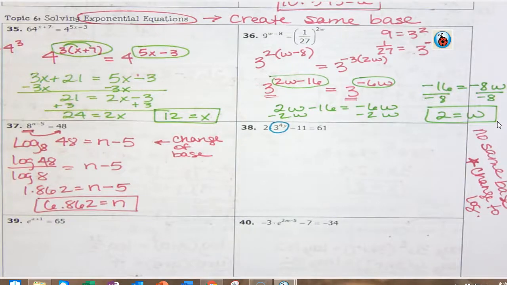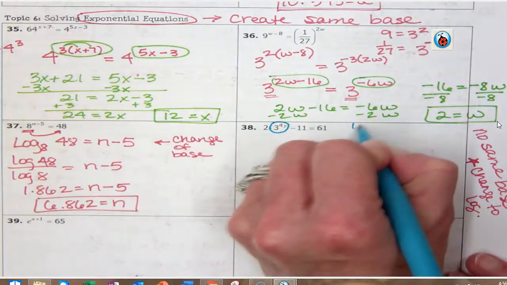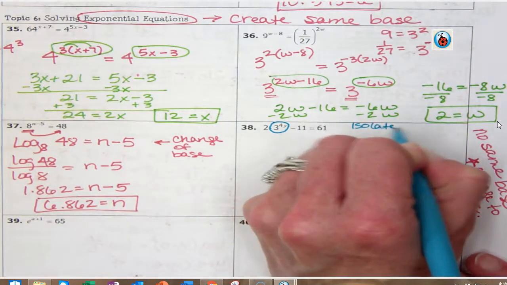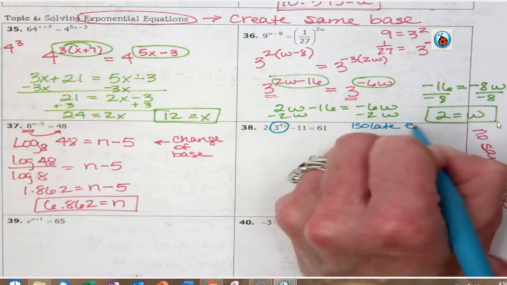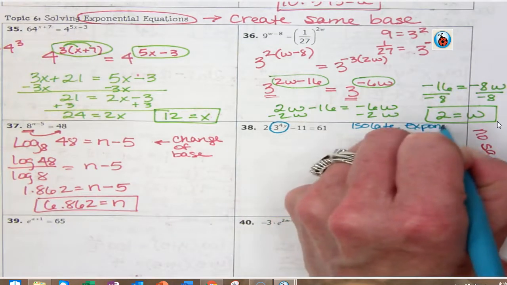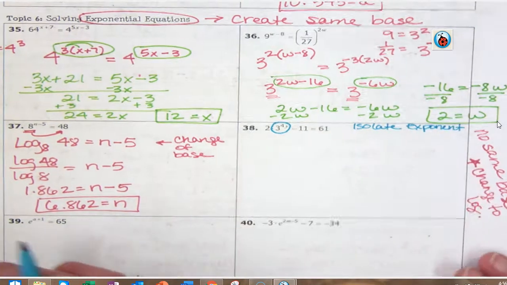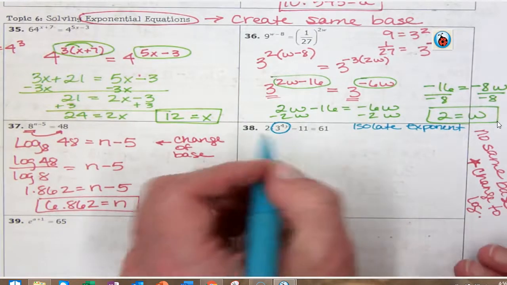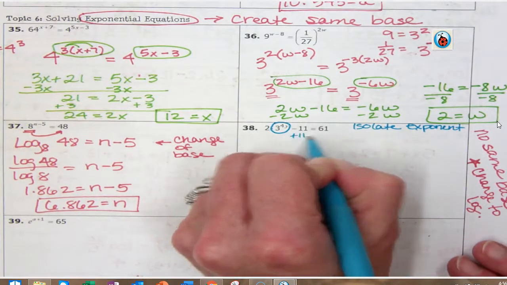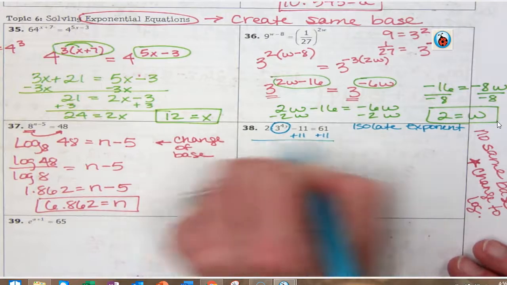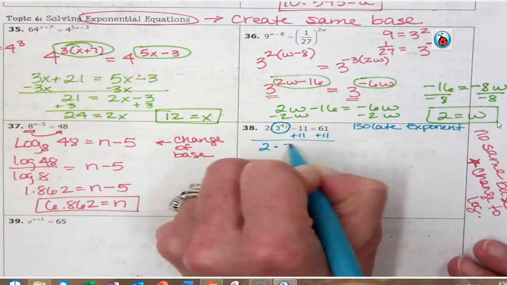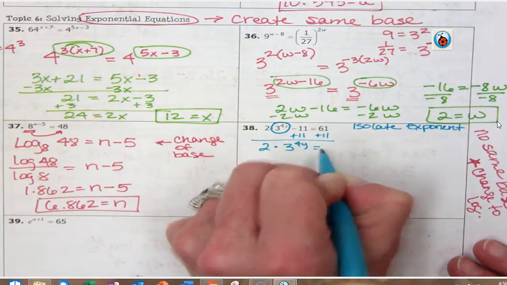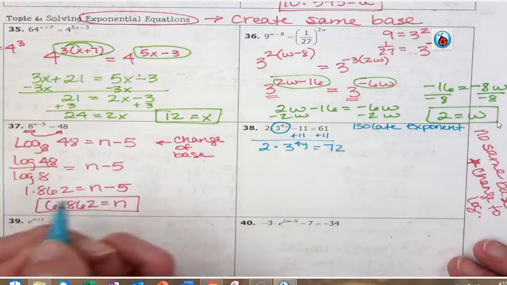So you're going to isolate your exponent. Isolate the exponent first. So in order to do that, I'm going to add 11 to both sides. And I'm going to be left with 2 times 3 to the 4y equals 72.